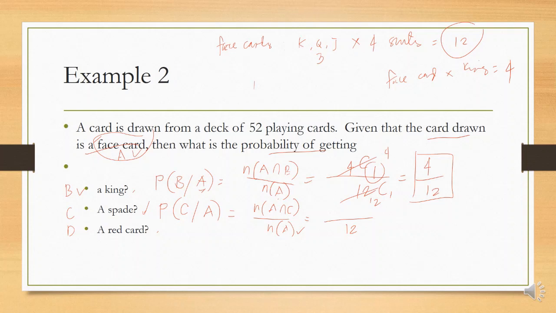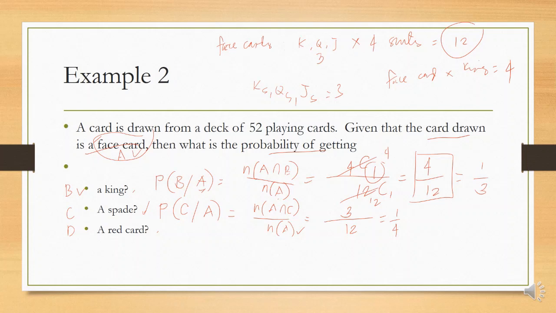O, dun sa spades natin, meron tayong king of spades, queen of spades, and jack of spades. Ibig sabihin, 3. So, this one is 3. I told you before, no, bakit na-omit na yung combination 1? Because it's the same. So, this one is 1/4. Okay, or this one is 1/3.